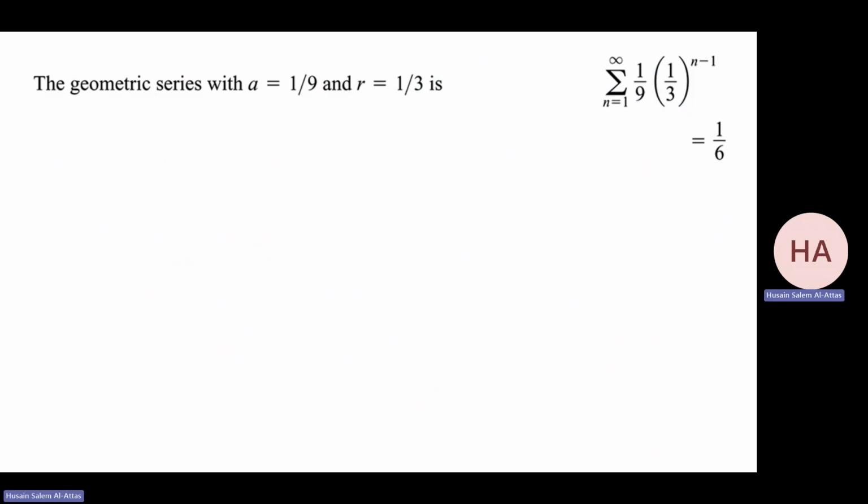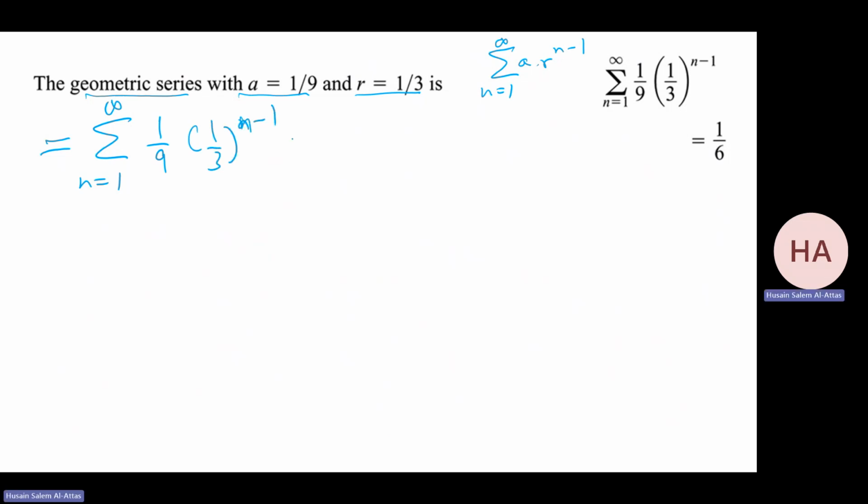Now he gave me A and R, and he told me this is a geometric series. What will be the series? I know that will be summation n equal 1 to infinity, A R to the power n minus 1. So I rewrite it: n equal 1 to infinity, A, what is A? 1 over 9. R is 1 over 3, to the power n minus 1. And what is that sum?